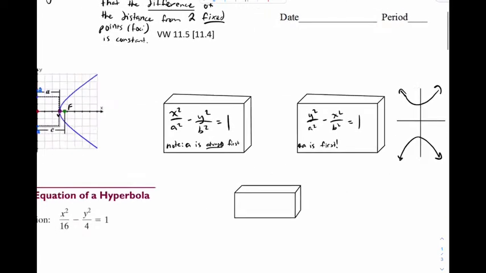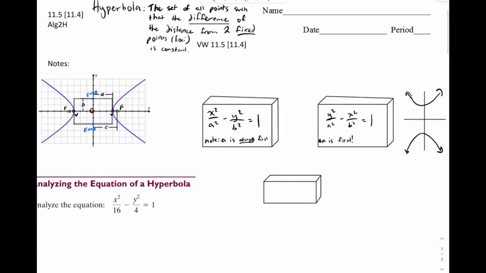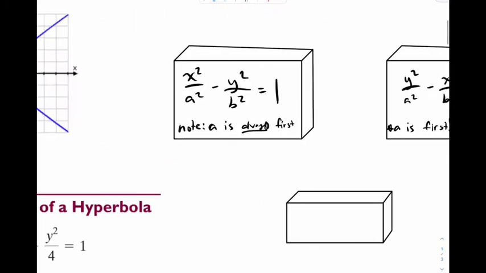Now a lot of people ask, how can I remember that the y squared hyperbola is this one, and the x squared hyperbola is this one? So what I do is I think, right here, this always hits the x-axis. No matter what you do, if the x is first, it's going to hit the x-axis.